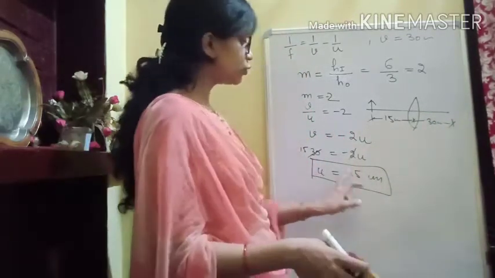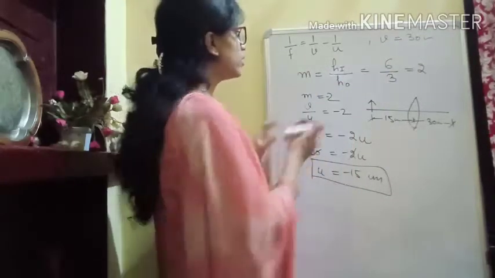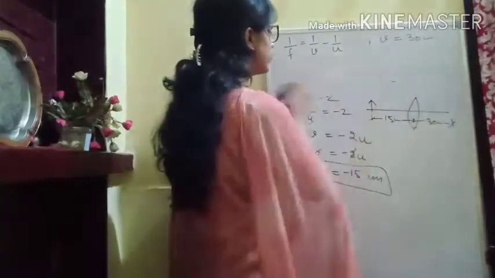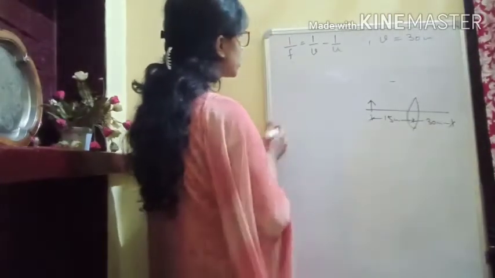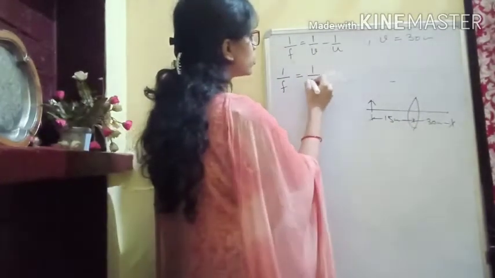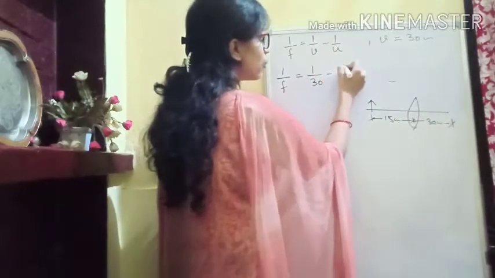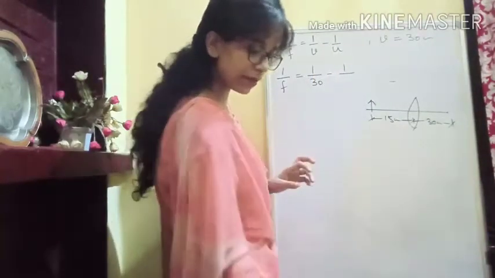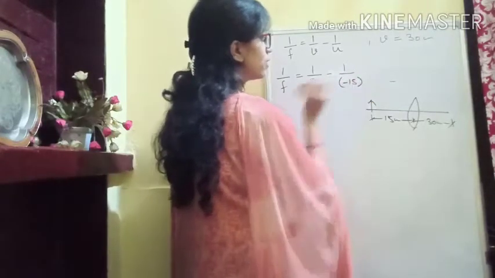So now with u minus 15 and v 30, let us calculate the focal length. This lens formula we are going to use. u is minus 15. Now 1 upon f equals 1 upon v, 1 upon 30, because v is 30, then minus 1 upon u. u is coming minus 15. So we will be writing it with sign like this.